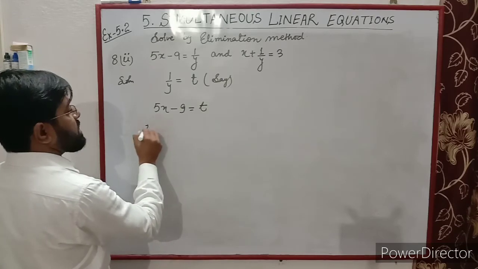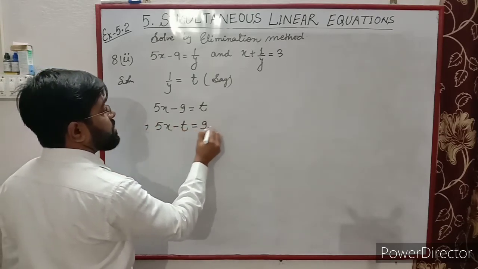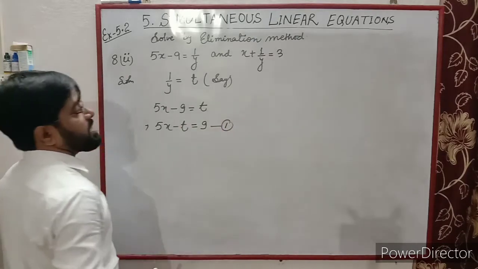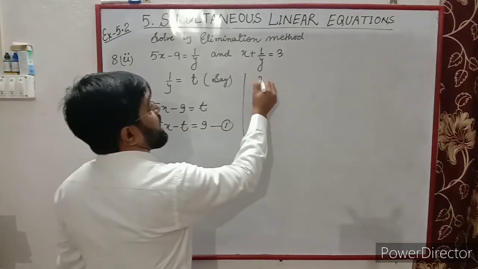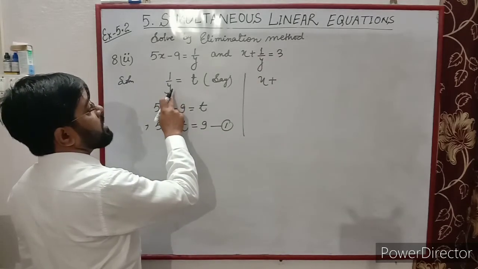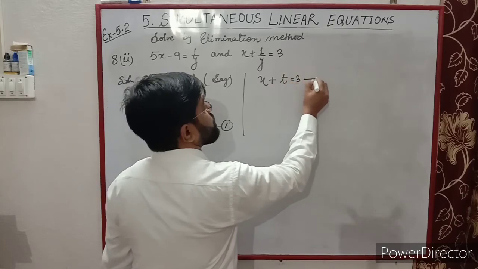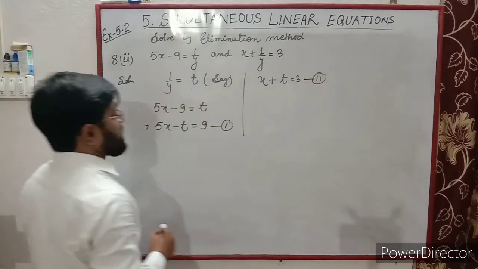So we can write here 5x minus t is equal to 9. We assume equation number first. Now x plus 1 by y, we assume t. So x plus t is equal to 3. We assume equation number second.